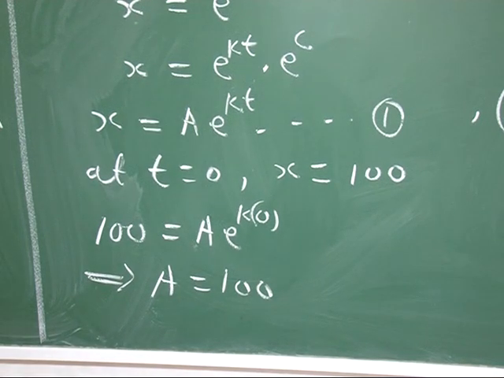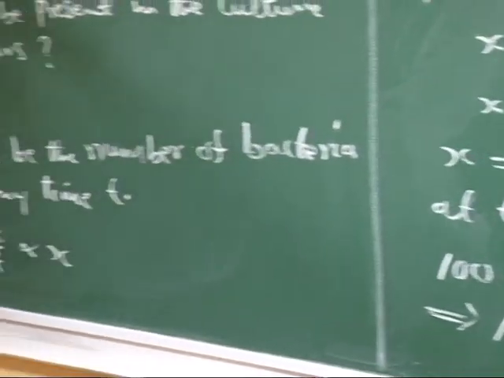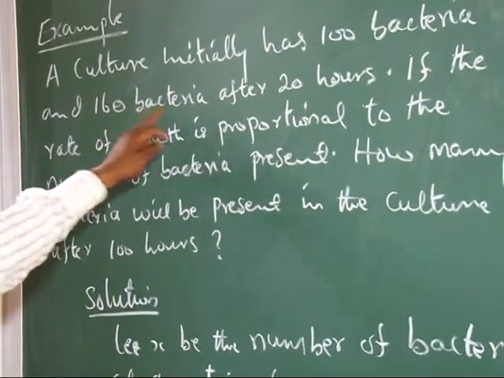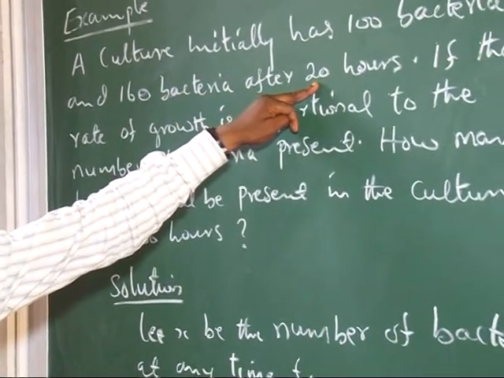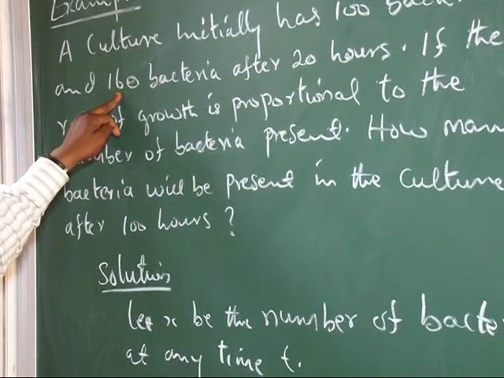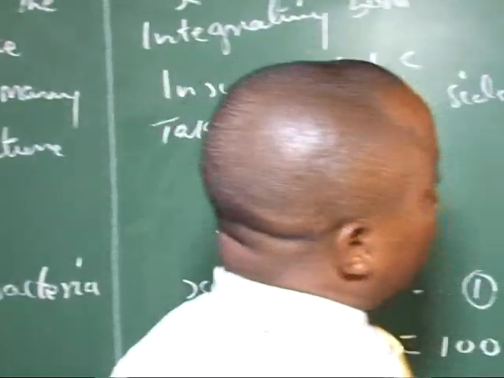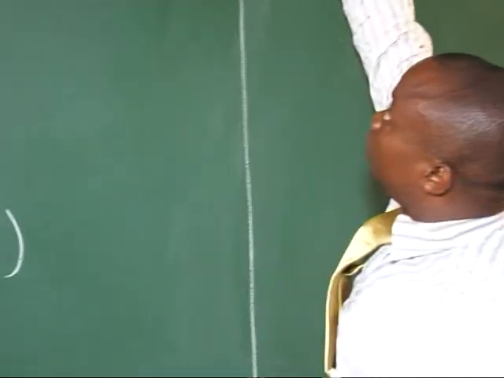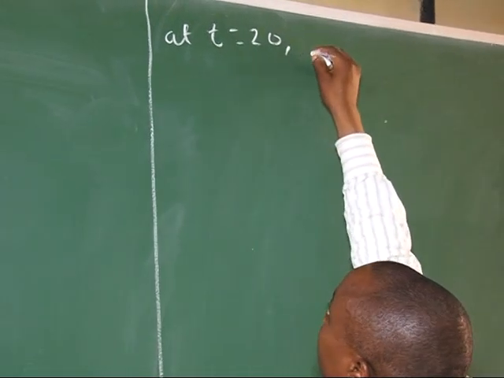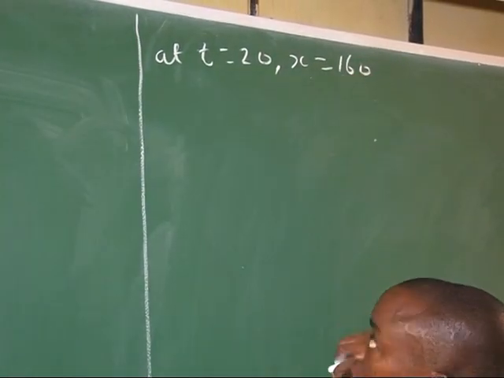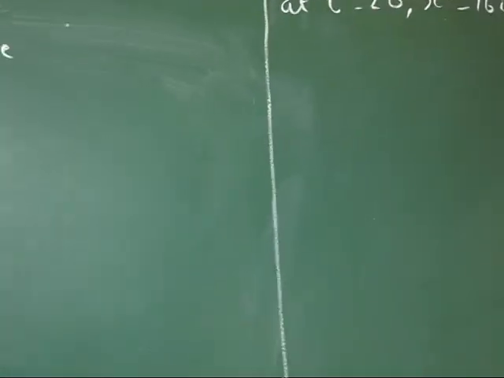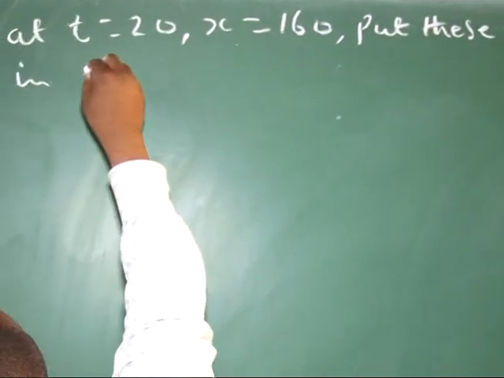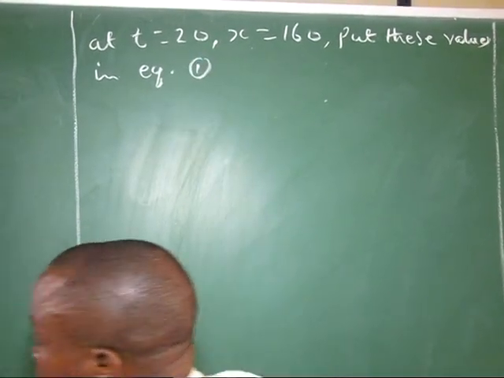Now, another one is that the number was 160 after 20 hours. That is at t equals 20, the number was 160. So at t equals 20, x equals 160. We put these values in equation 1.